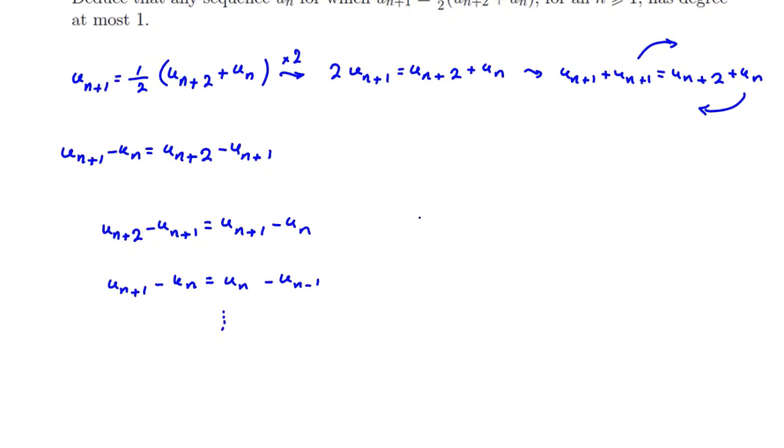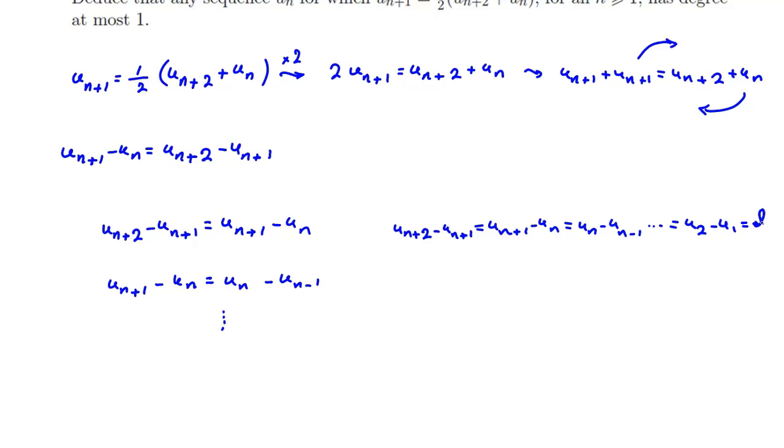So we see that u_{n+2} minus u_{n+1} equals u_{n+1} minus u_n equals u_n minus u_{n-1}. Similarly, you can decrease and decrease until it equals u_2 minus u_1. And u_2 minus u_1 is a constant.